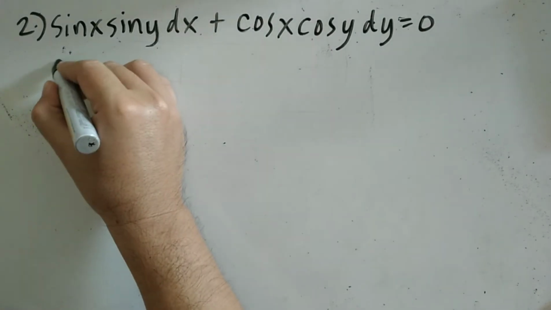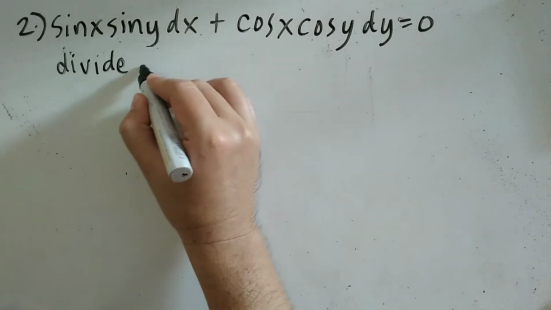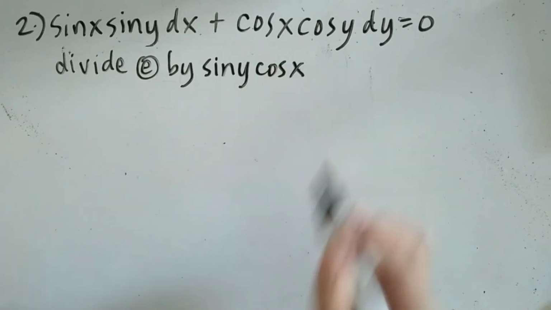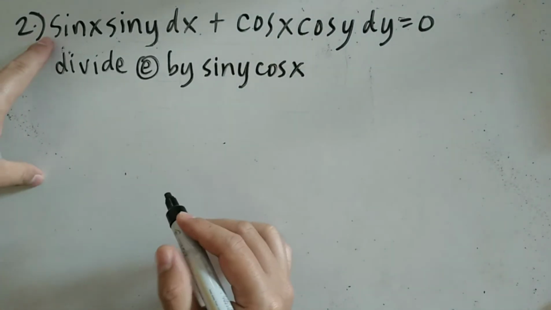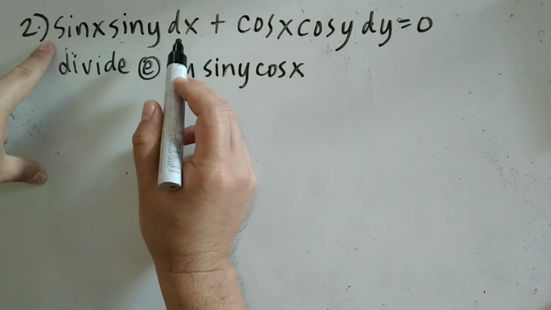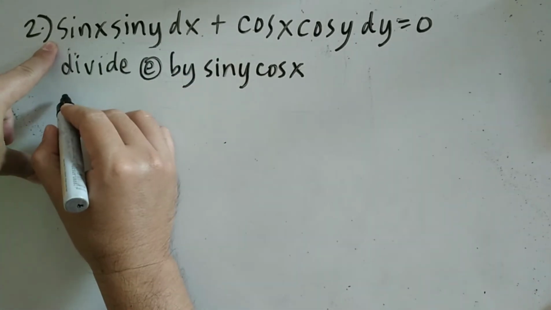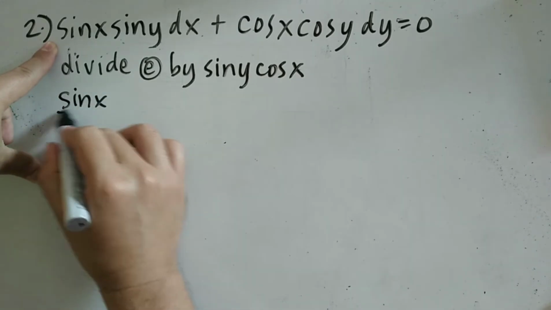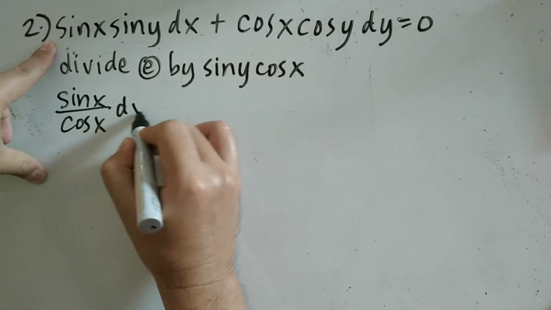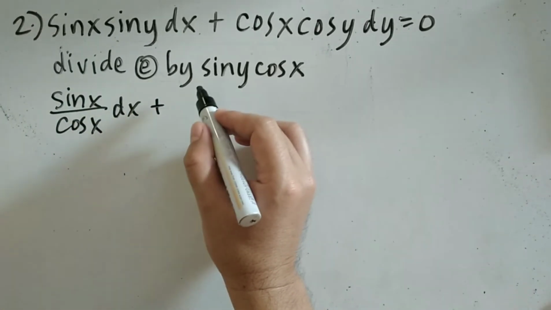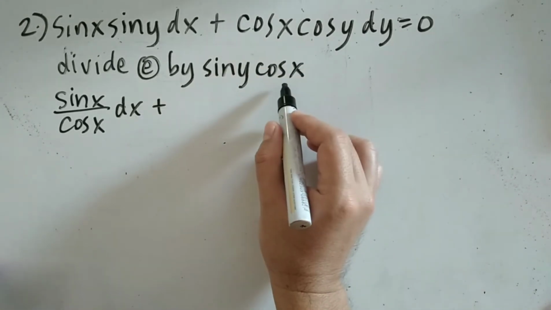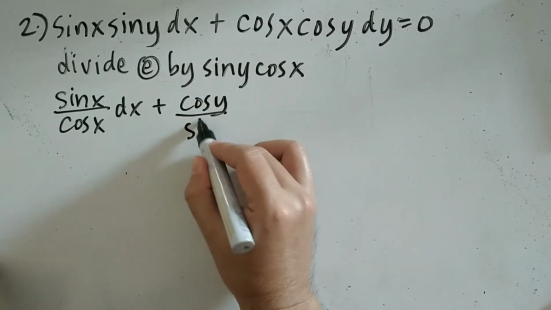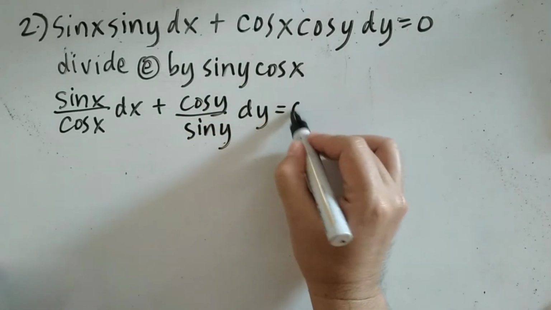Dividing by sine y cosine x, sine y cancels, so what is left is sine of x divided by cosine of x dx, plus cosine x cancels, and what is left is cosine y over sine of y dy equals 0.